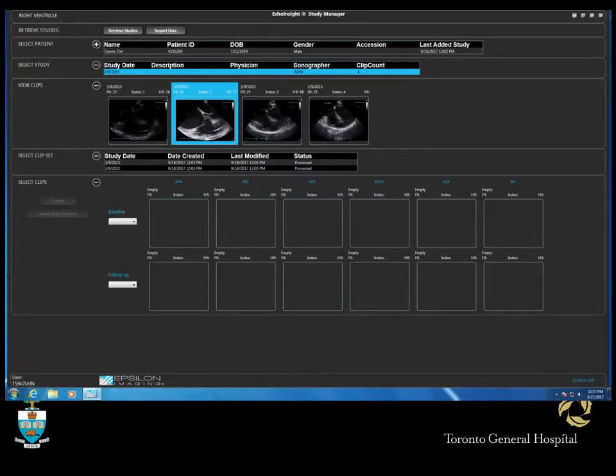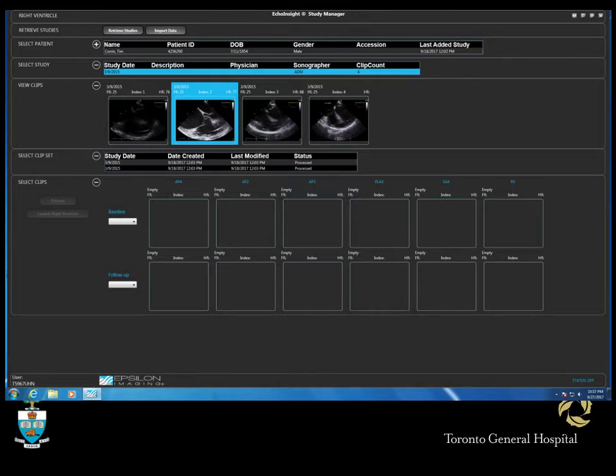Finally, the other software that we have, and that's what we use for the studies on the pulmonary endarterectomy and the lung transplant patients, is called Echo Insight. This software allows you to analyze any image that's been previously acquired.